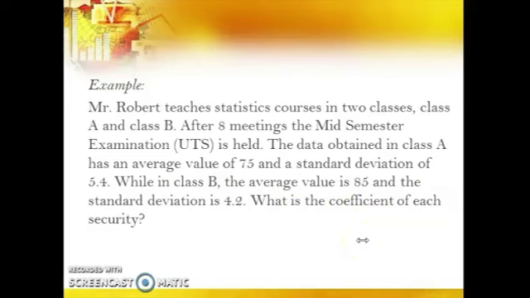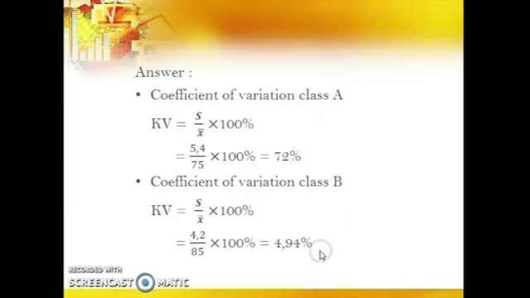With the information provided, it is very easy to obtain the coefficient of variation by inputting all the information into the formula. We get the coefficient of variation in Class A is 7.2% and in Class B is 4.94%.